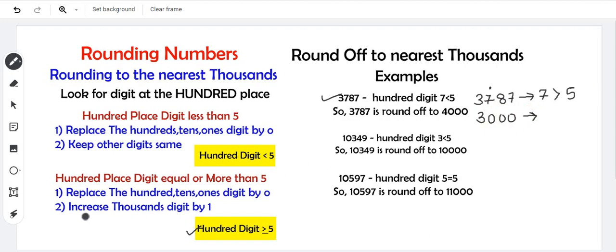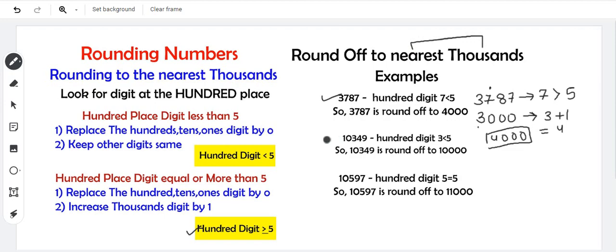And the next is increase thousands digit by 1, and the thousands digit is 3. So 3 plus 1 is equal to 4. It means 4,000. Is that clear? So 3,787 is rounded off to 4,000 in nearest thousands.